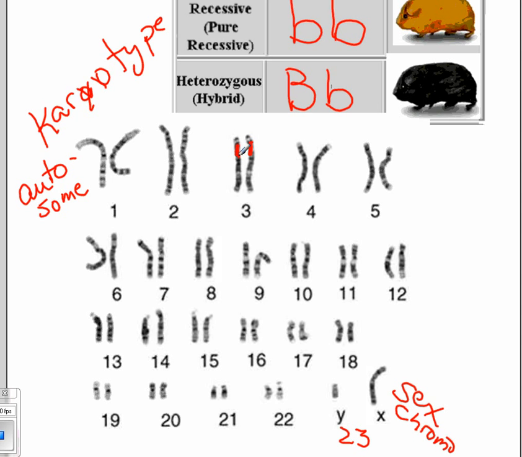These are homologous chromosomes. This would be a section of the nucleotides. Remember those nucleotides? Adenine, thymine, cytosine, guanine? It would be a section of those nucleotides that are going to code for a protein that causes the hair to be black or to be brown.